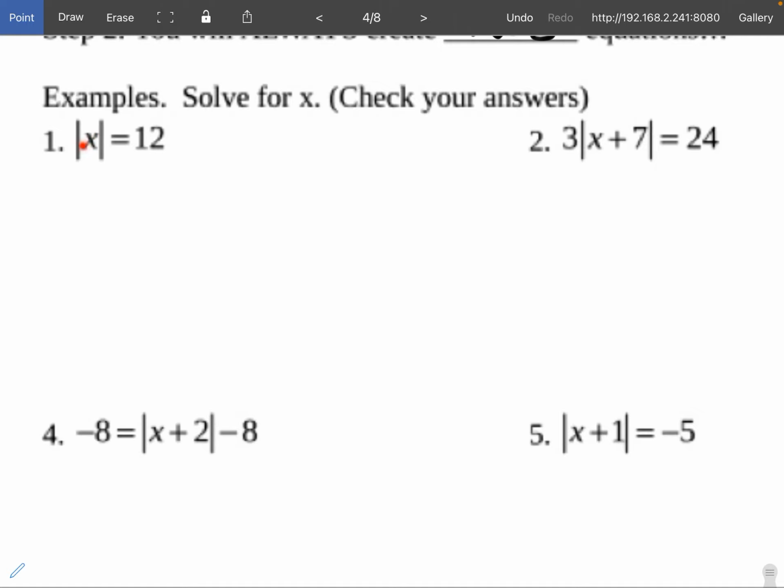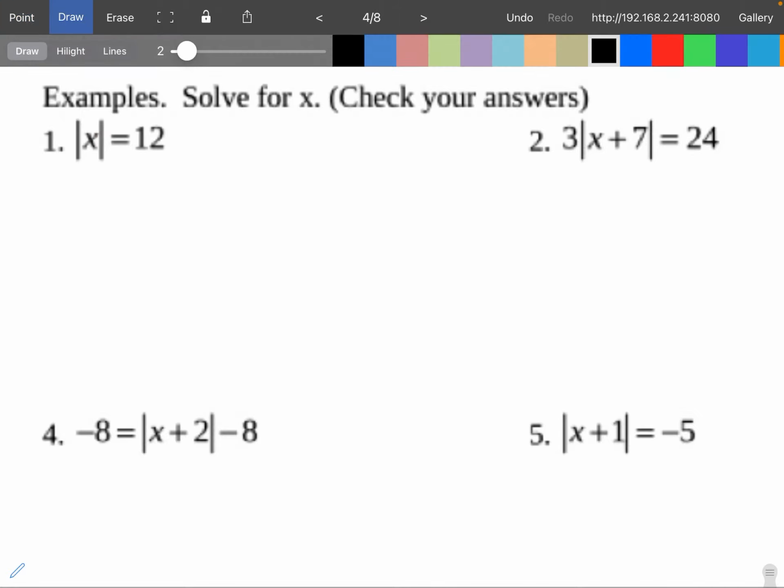Because the absolute value of 12 would be 12, right? What other number could you put in right there? Negative 12. Yeah, you could put negative 12 in there because the absolute value of negative 12 is also 12. So there's your 2 solutions right there. So one solution is x equals 12, and your other solution is x equals negative 12.